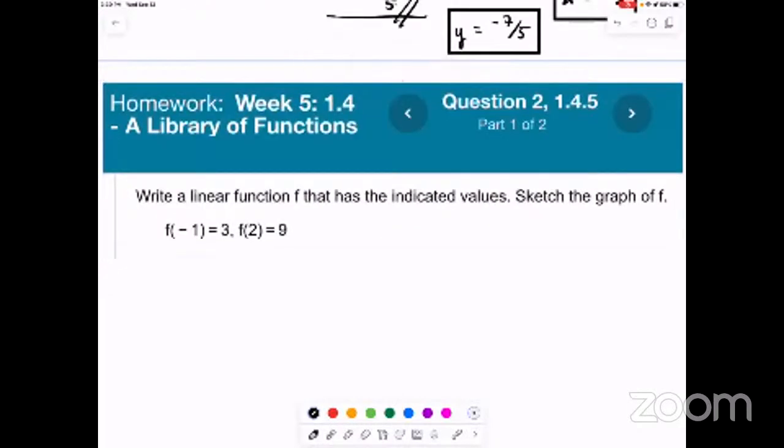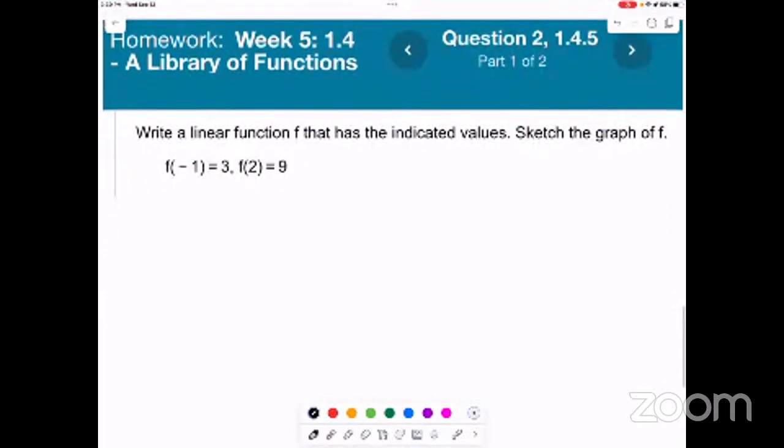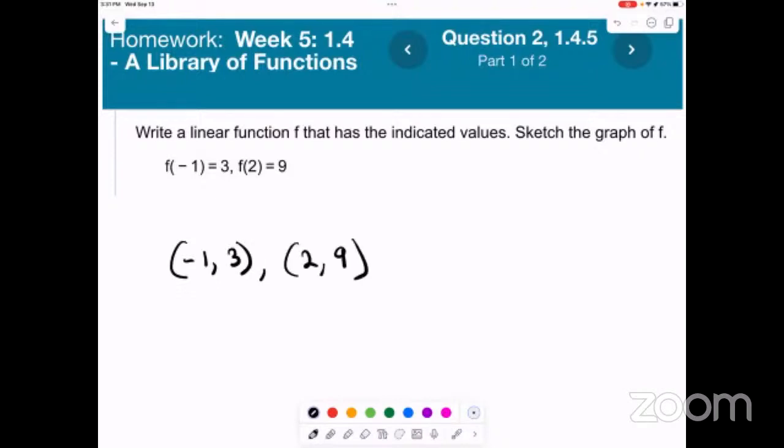Let's see. Write a linear function that has the indicated values and sketch the graph. So we want the equation of the line through the 2 points. Okay. So first, let's start by writing our ordered pairs. When x is -1, the corresponding y is 3. When x is 2, the corresponding y is 9. When I have ordered pairs, I like to label them x1, y1, x2, y2.